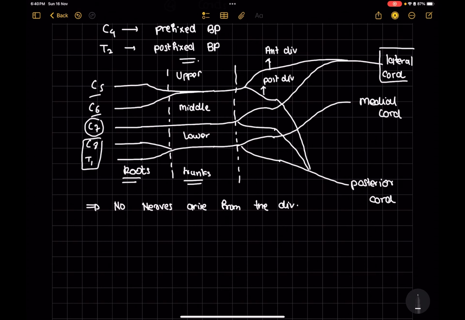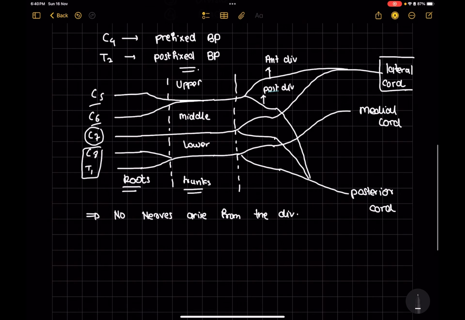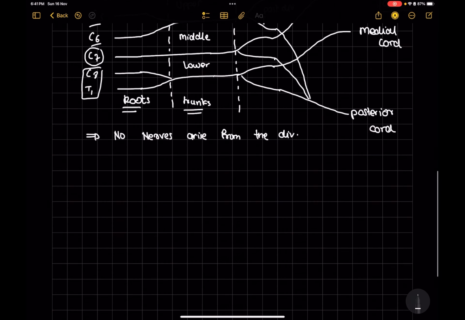Okay, now one may ask you, what is the root value of lateral cord? Okay, so you may have to go backwards. Yes, lateral cord arises from the anterior division of upper trunk and anterior division of the middle trunk. Okay, lateral cord comes from upper trunk and middle trunk.